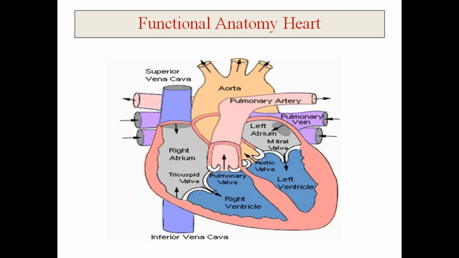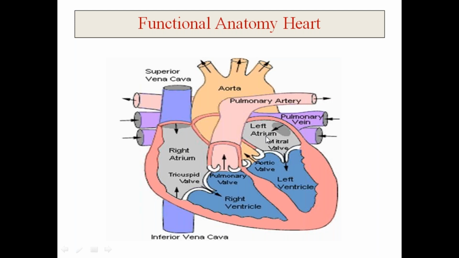Now, we all know that the right side receives deoxygenated blood from throughout your body, and through the superior vena cava and inferior vena cava, this blood enters the right side of your heart. Through the right atrium and the tricuspid valve, it enters the right ventricle, and through the pulmonary artery, it is pumped into the lungs, where oxygenation of this blood happens. After oxygenation, this oxygenated blood enters the left atrium through the pulmonary vein.